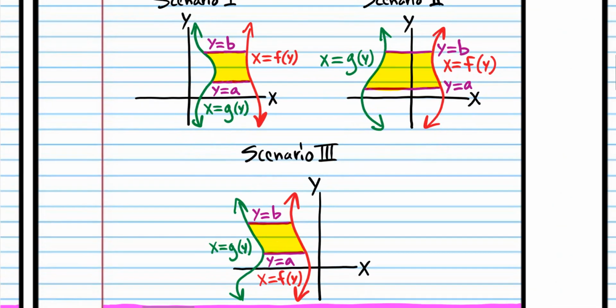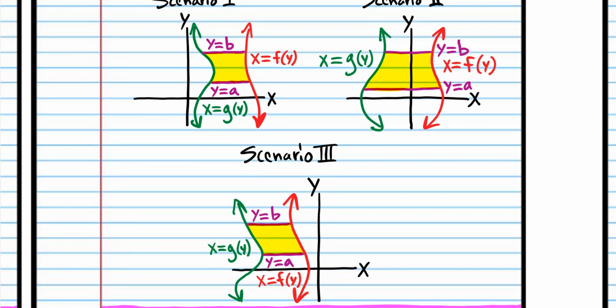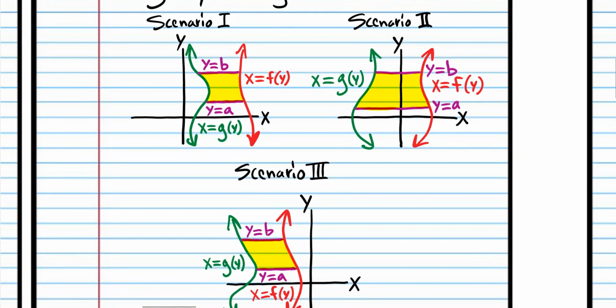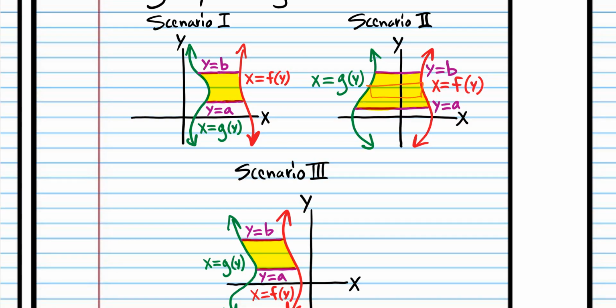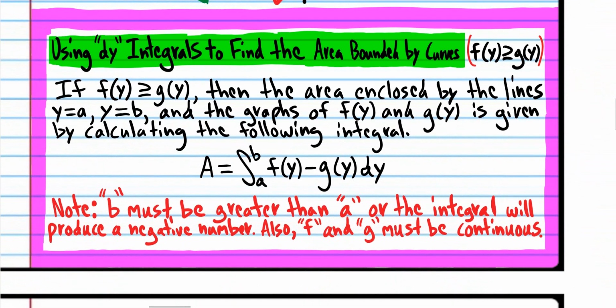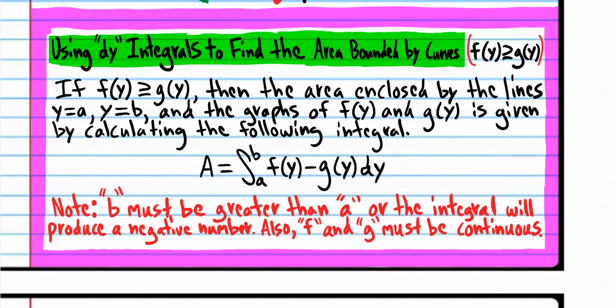So you have the situation where the red graph and the green graph are both producing positive x values. Then you have the second scenario where you have the red graph producing a positive x value, and the green graph producing negative x values. Well, you still subtract the green x values from the red x values, and that gives you the heights of the rectangles again. That's why the formula works in all three of these scenarios.